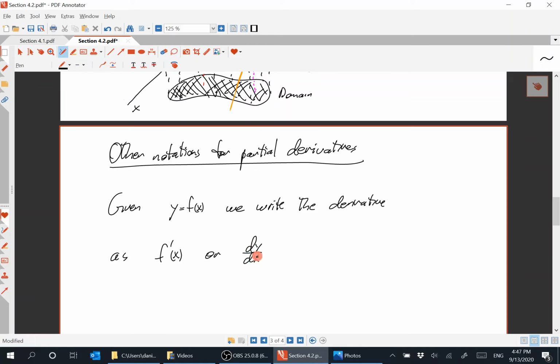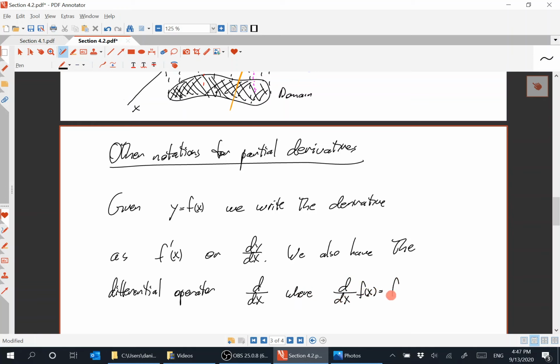This is the differential notation. We also have the differential operator d/dx, where d/dx, when applied to f(x), gives you the derivative. It's an operator. The action is you apply the differential operator to the function, and the result is the derivative.